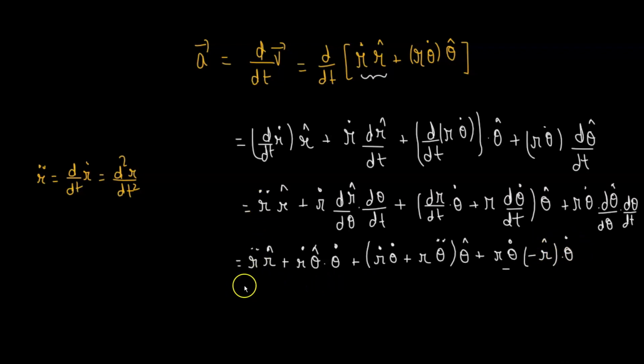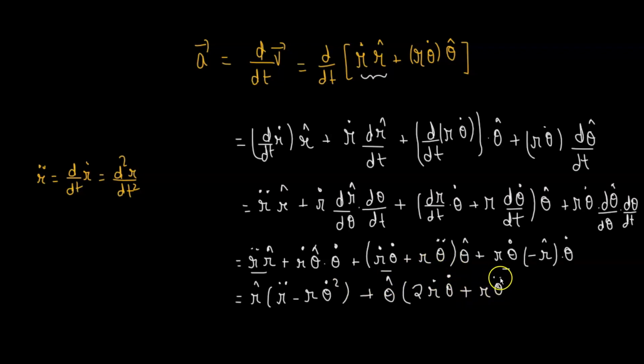So let's write the expression in terms of the components of r cap and theta cap. So we have r cap, so from the first term we have r double dot, and in the last term we also have r cap, so the component will be negative r theta dot squared, plus theta cap, so that will be simply, we have r dot theta dot appearing twice, so that will be 2 times r dot theta dot, that's taken care of, plus we have r theta double dot.